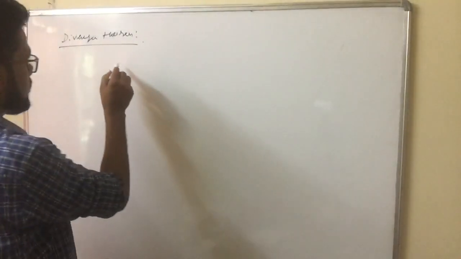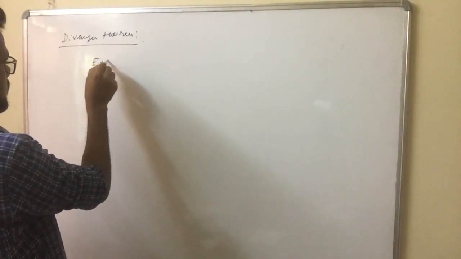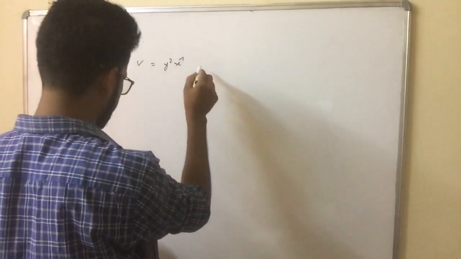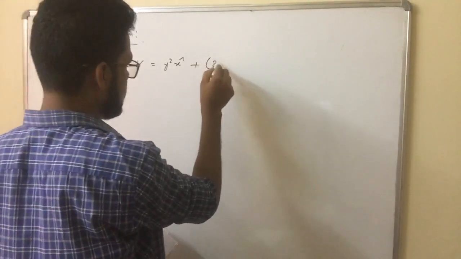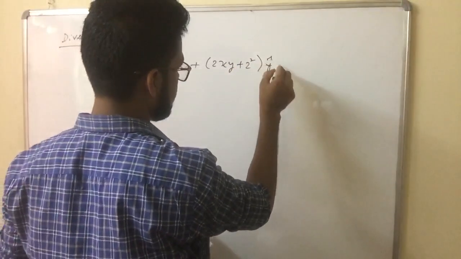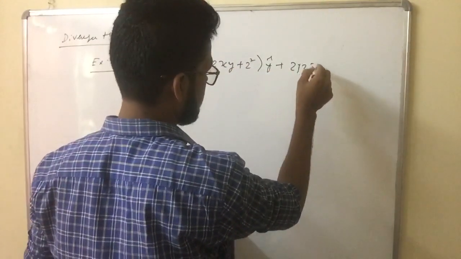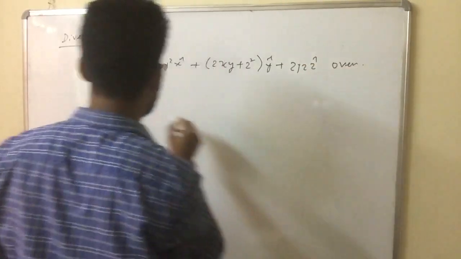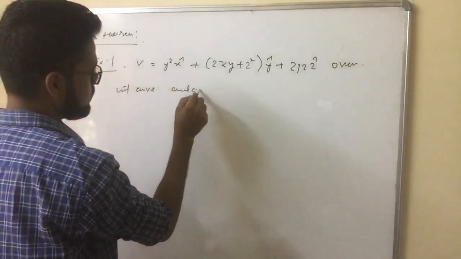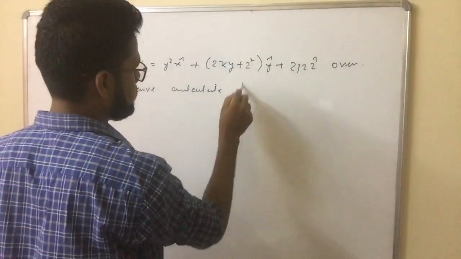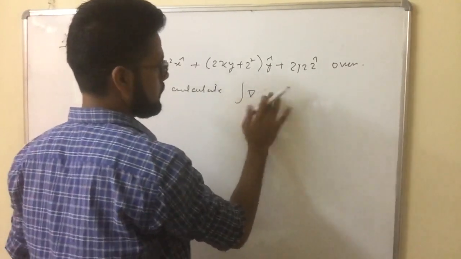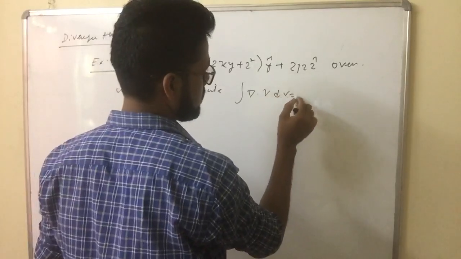Example 1: Calculate the divergence of V, if V is equal to y square x cap plus twice x y plus z square y cap plus twice y z z cap, over a unit cube. Calculate the integral of divergence of V dv equal to how much?